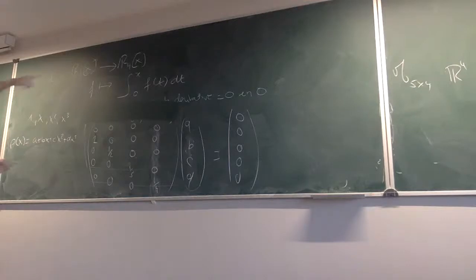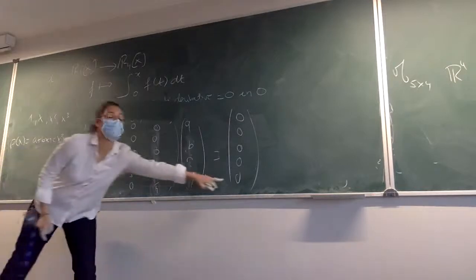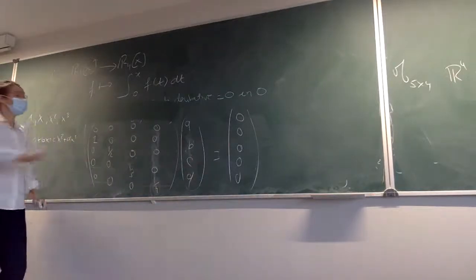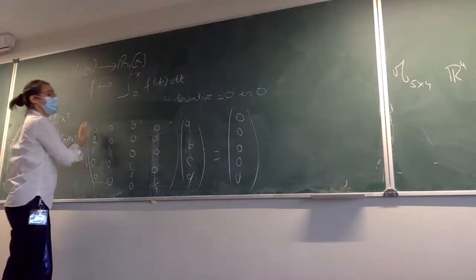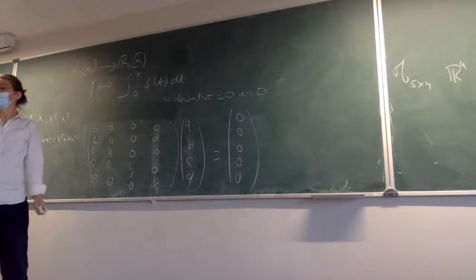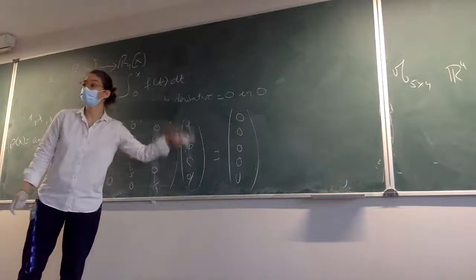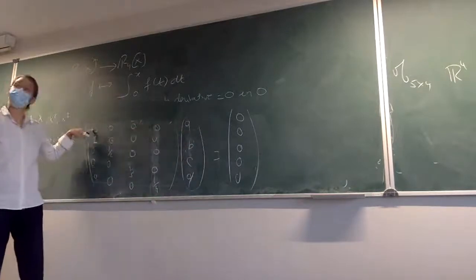Because that's what I wrote. When you're doing the matrix-vector multiplication, on the right you've got 5 items. You have to have the same number of columns in the matrix as you have entries in the vector.